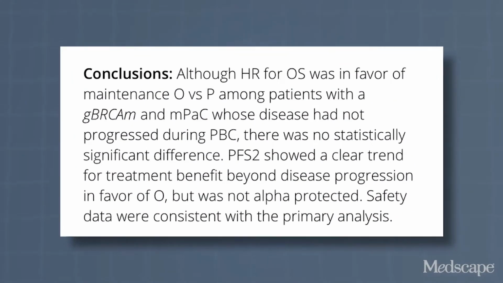This is the conclusion of one of the abstracts from a phase 3 clinical trial of a new cancer drug in pancreatic cancer. If you can see this conclusion, you'll see that there is a huge amount of spin in it. It says, although hazard ratio was in favor of the drug, there was no statistically significant difference. PFS2 showed a clear trend, but was not alpha protected. This is all jargon.